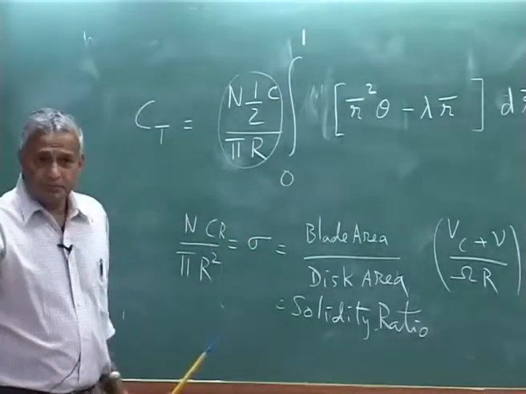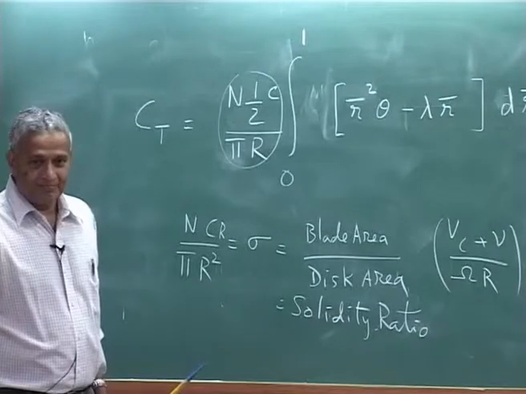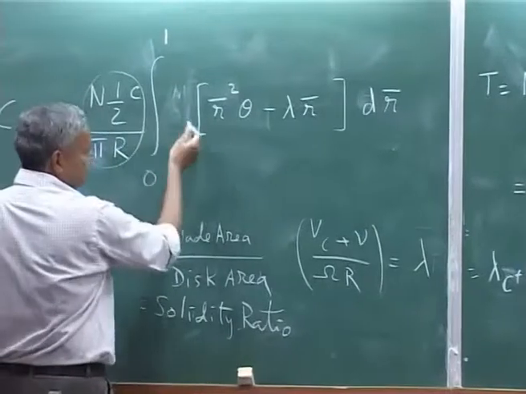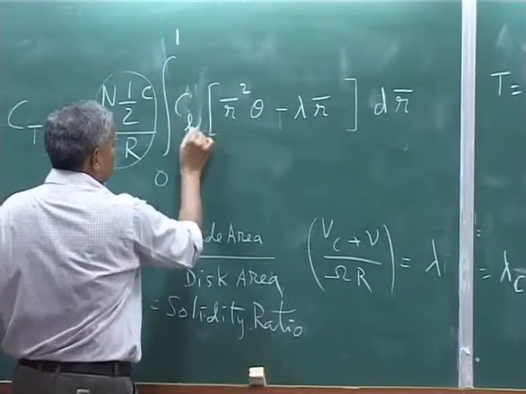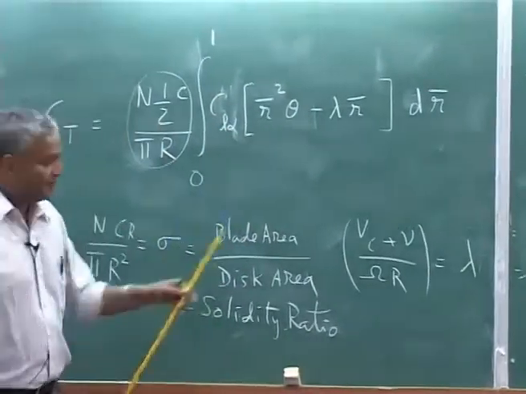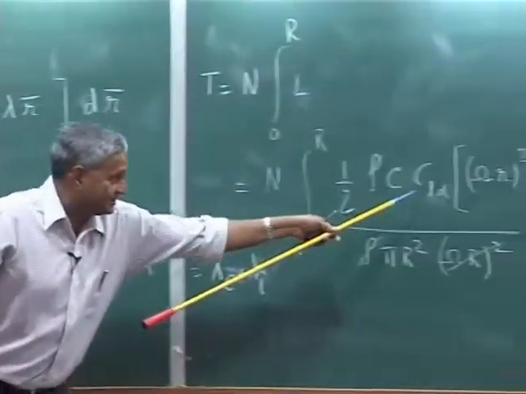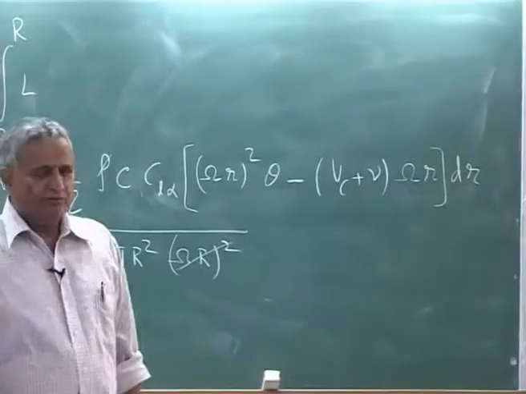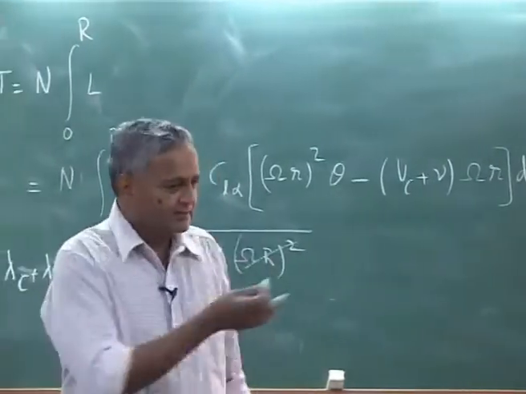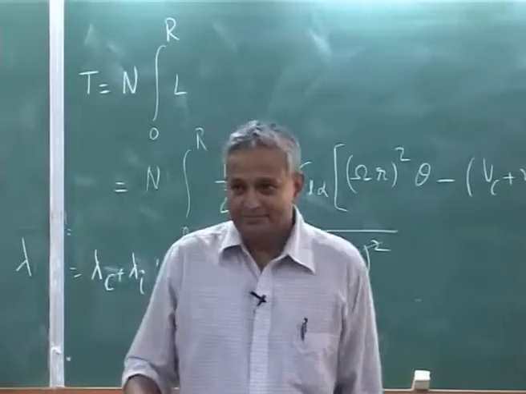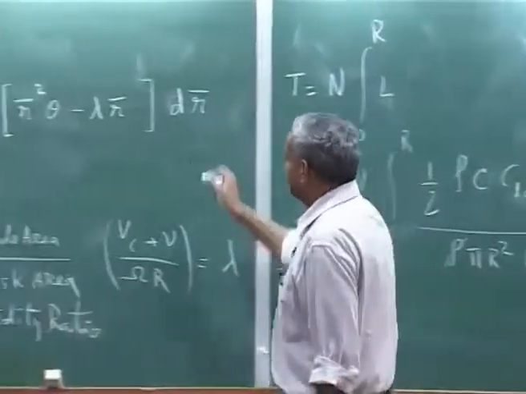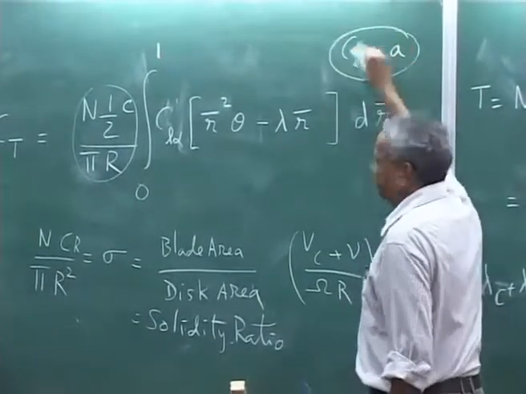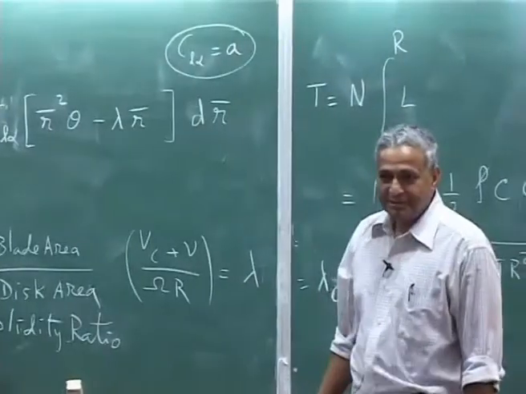Okay. Now, I can write this entire quantity as sigma over 2, okay. And then there is a CL alpha I have to add. So, CL alpha is there, sorry I forgot to put that CL alpha. And CL alpha you may call it CL alpha or sometimes we call it A, both mean the same, okay.